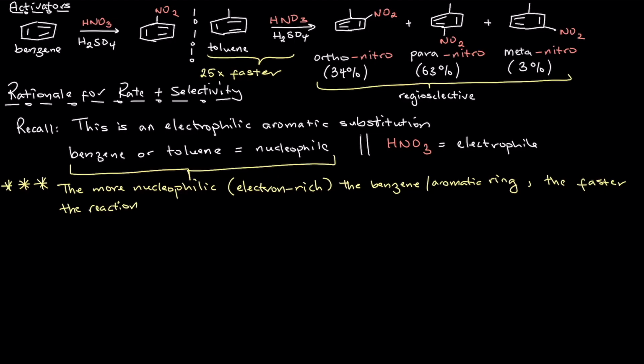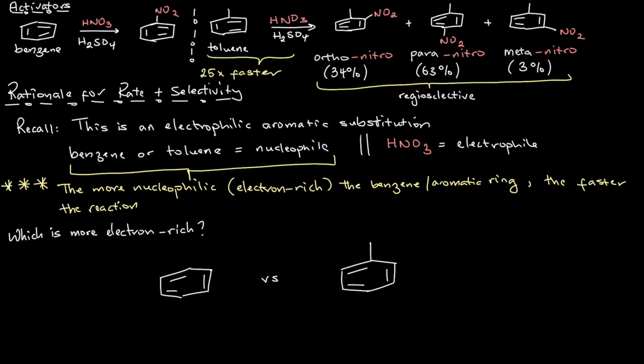And given that we know this, therefore, the more nucleophilic or the more electron-rich that benzene or aromatic ring is, the faster the electrophilic aromatic substitution. So now what we really need to do when we're thinking about why toluene is faster than benzene, we really need to compare the nucleophilicity or the electron richness of the benzene ring in benzene versus toluene. So the question here is which is more electron rich, benzene versus toluene?